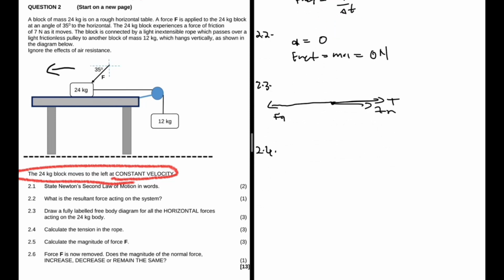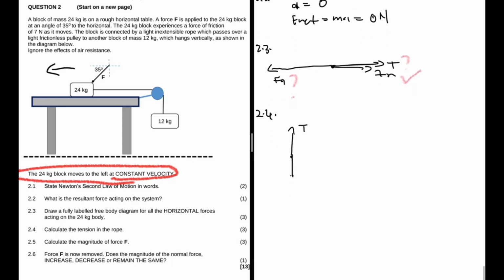And then 2.4 is saying calculate the tension in the rope. For our 24 kg block, we don't know what the tension is. We know what the friction is, but we also don't know what the force applied is. But for our 12 kg block, let's have a free body diagram. We have the tension that is pulling up, and then we have the weight that is pulling down.